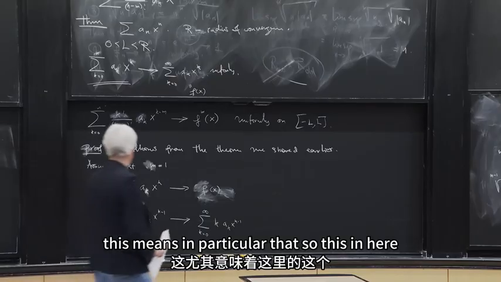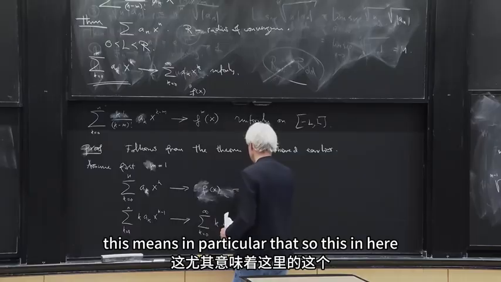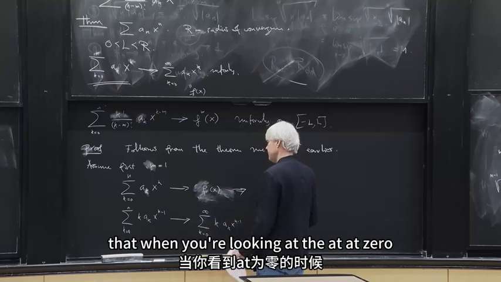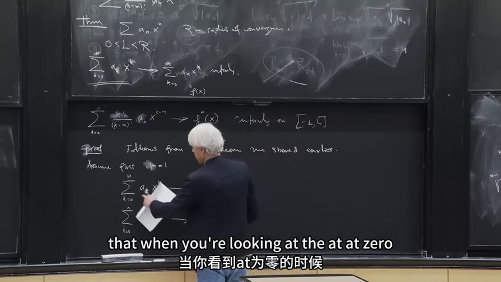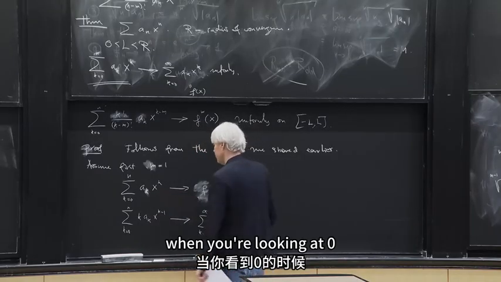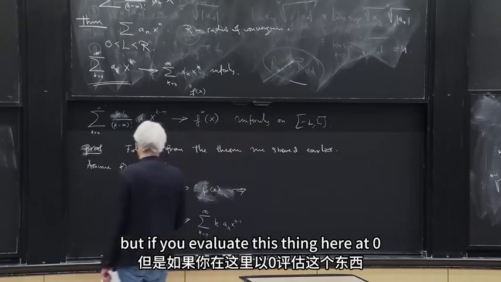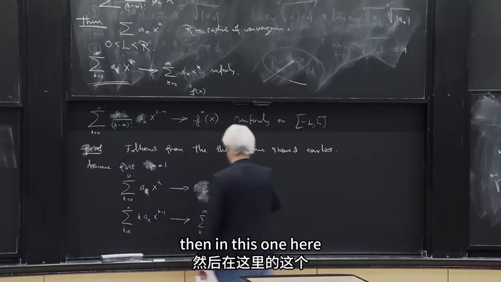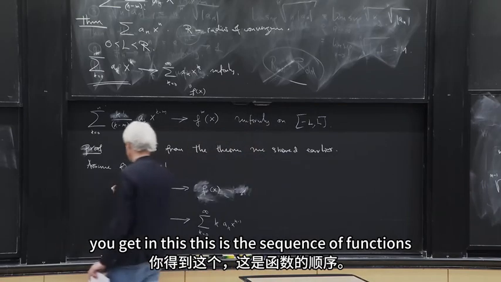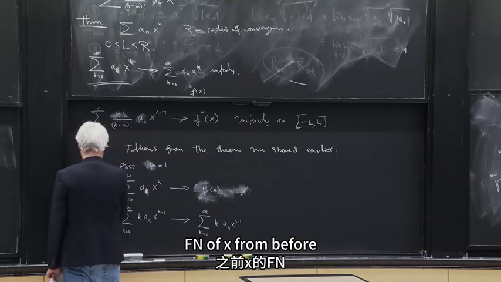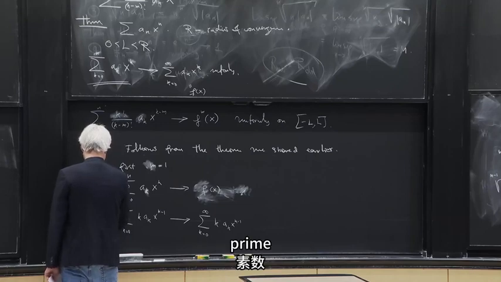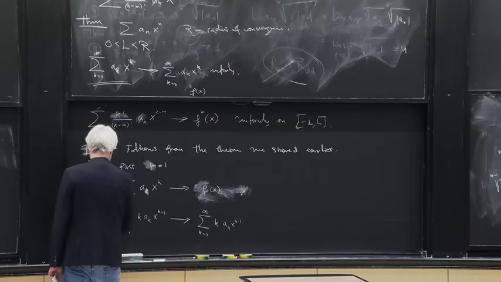So this implies, of course, that when you're looking at zero, if you evaluate this thing here at zero, this is the sequence of functions f_n of x from before. These are the f_n prime of x.